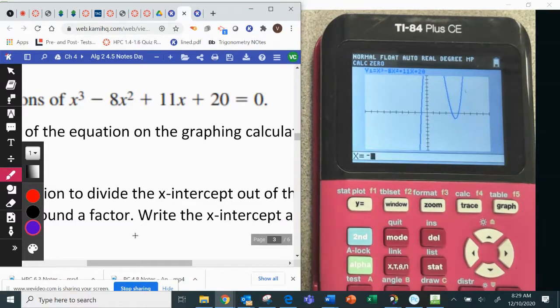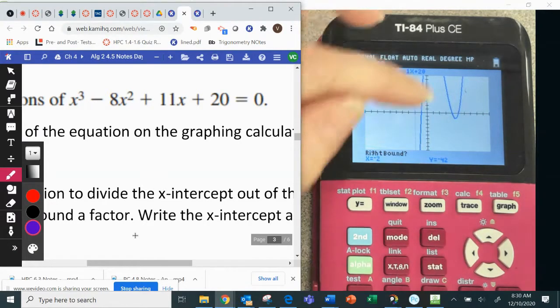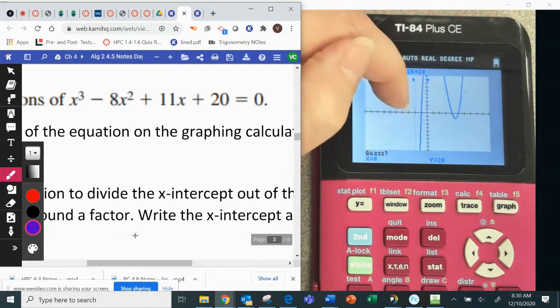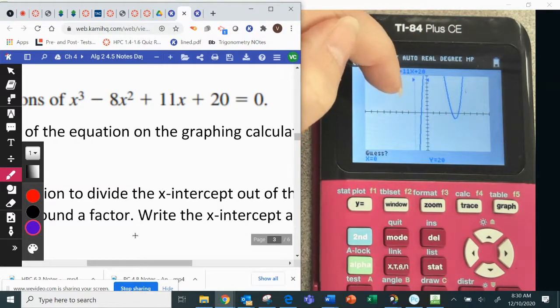So type -2, then you hit enter. And it changed directions. Now it says right bound. So it wants a boundary that is to the right of this -1, anything. It could be 10 if you want, but since there's multiple places, we're trying to tell the calculator which one to look at.